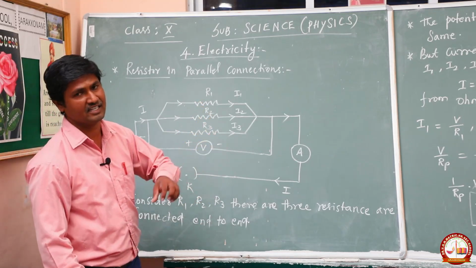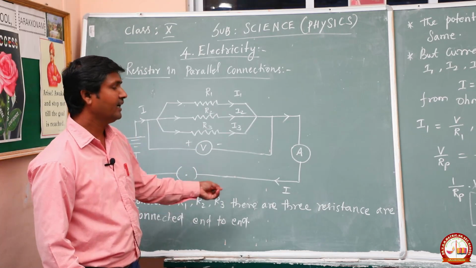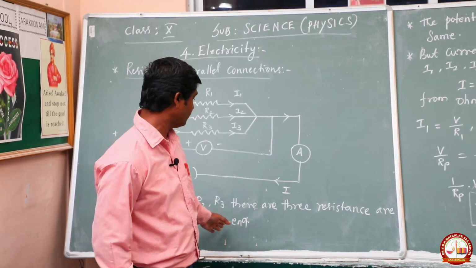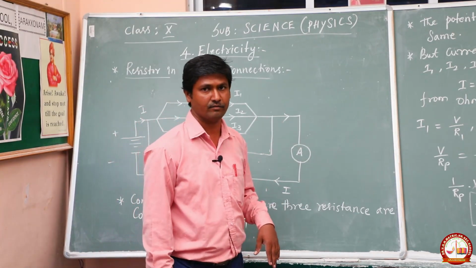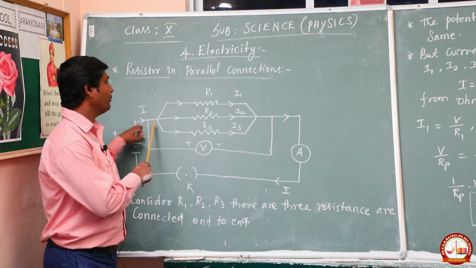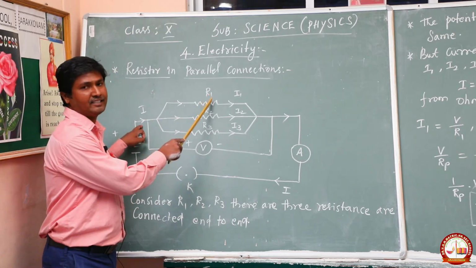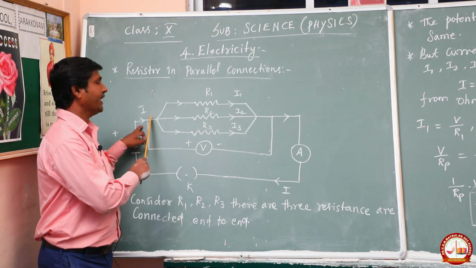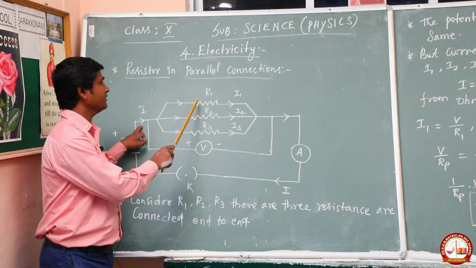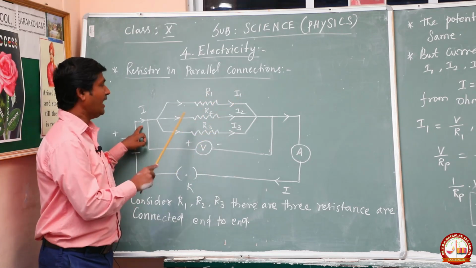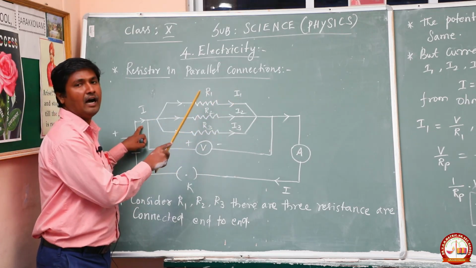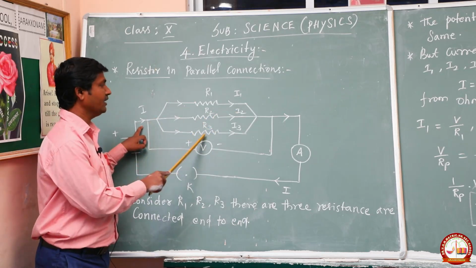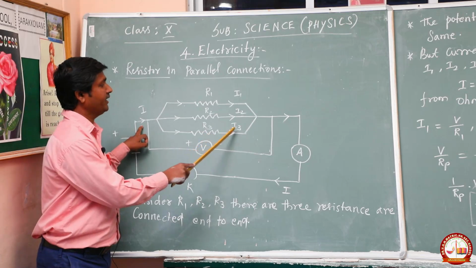Next, consider R1, R2, R3, three resistances connected end to end in parallel connections. Current I passes through resistance 1, resistance 2 and resistance 3. The current through R1 is I1, the current through R2 is I2, and the current through R3 is I3.